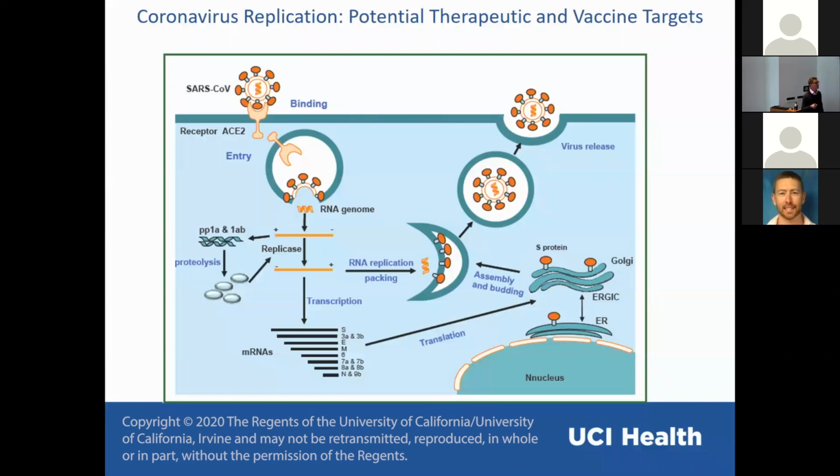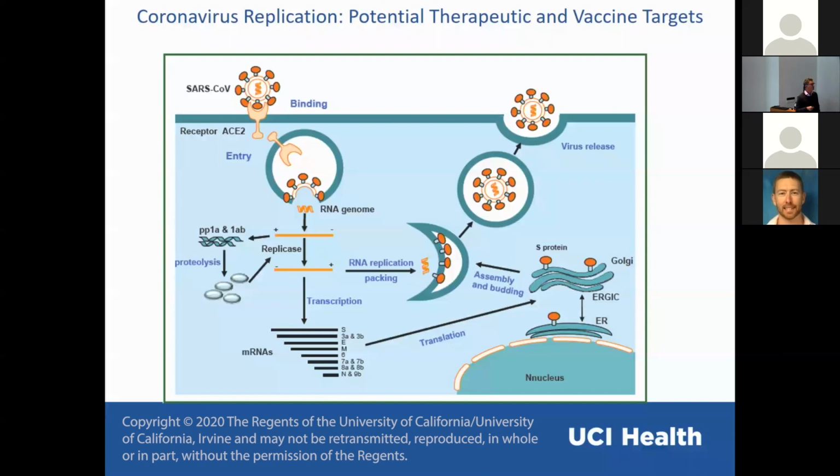So the first thing that has to happen with this virus, which we call SARS CoV-2, by the way, that's the cause of COVID. But both SARS, the original SARS CoV virus, and SARS CoV-2, both have to attach to their host cell.